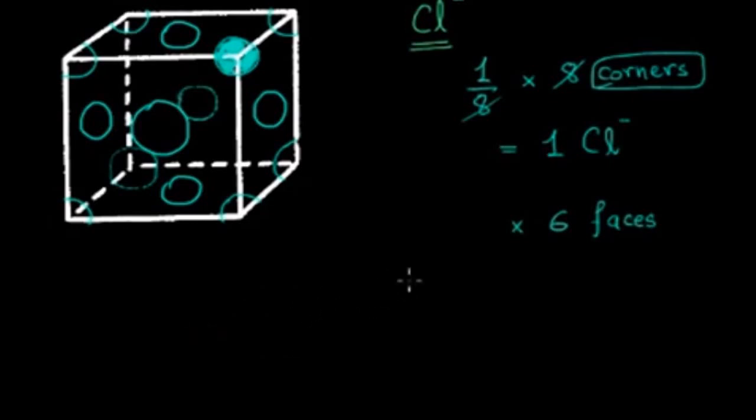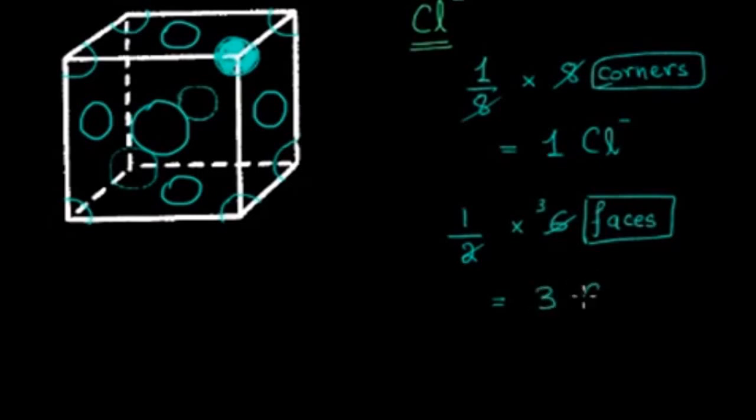Now if we calculate how many total chloride ions are present at the faces, it will be 1 by 2 multiplied by 6 faces. So overall we get 3 chloride ions present at the 6 faces.